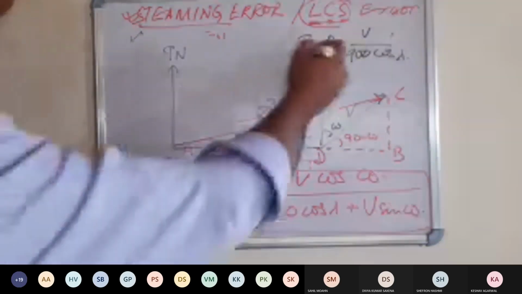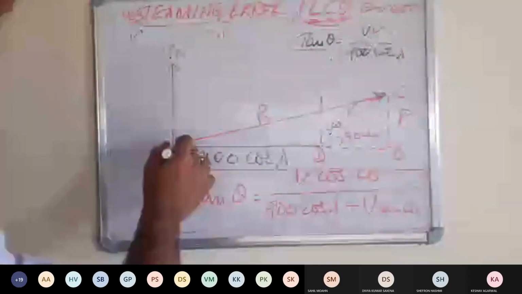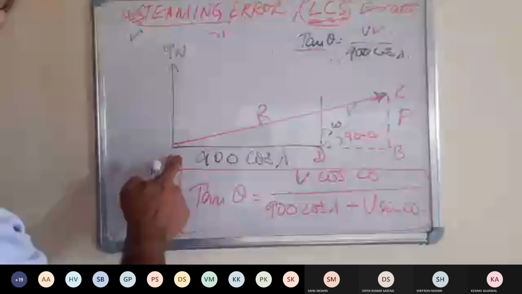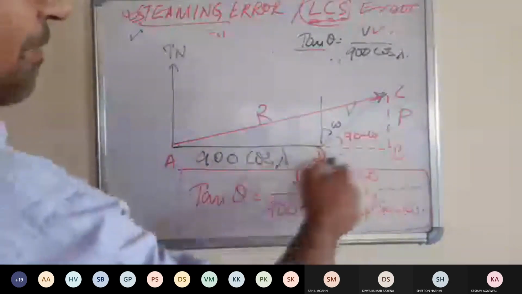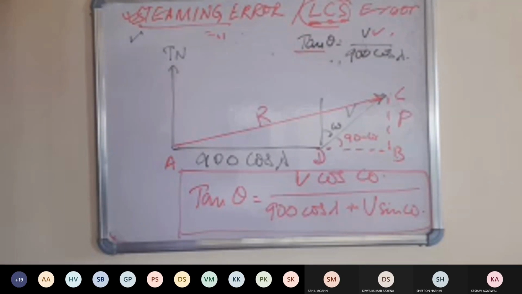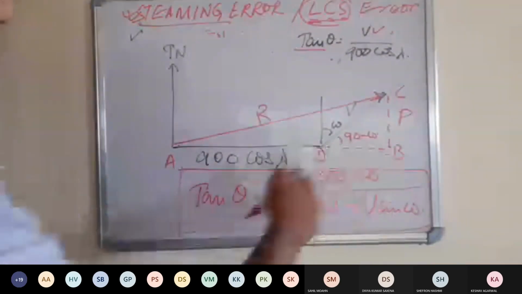We know tan theta is equal to B. B was what? Perpendicular by base, A se B. So AB is equal to AD plus BD, correct? AB is equal to AD plus BD.